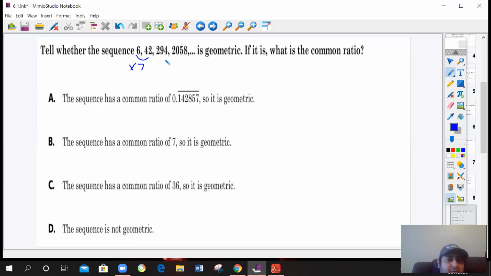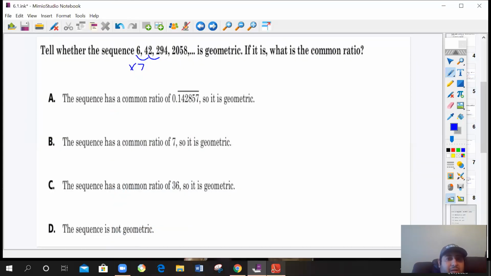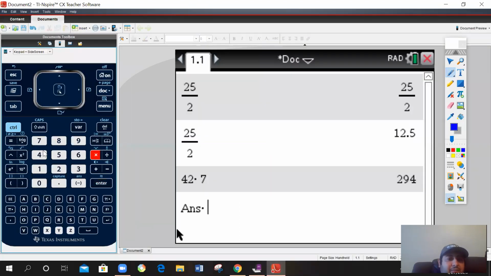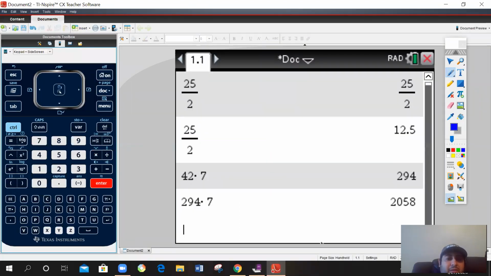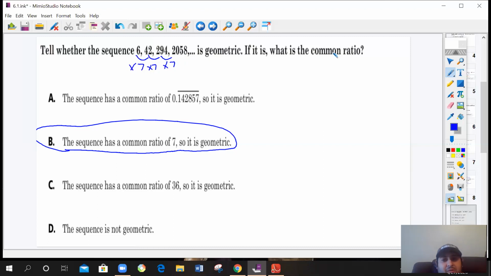But let's see if from here to here is multiplied by 7 as well. Let's use our calculator. 42 times 7, we get 294. And 294 times 7 again, we get 2058. So it's a multiplication. The sequence has a ratio of 7, so it's geometric. It's letter B. So all of this is multiplied times 7, times 7, times 7, and keeps going.